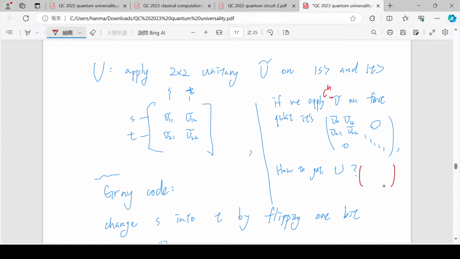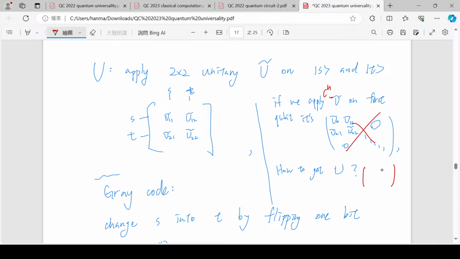This should actually look like this, u tilde, because control is only when all other qubits are 1. So you have your identity here. So actually it should look a little different. So you should have identity here, and let me write a little more carefully, so this is not correct.